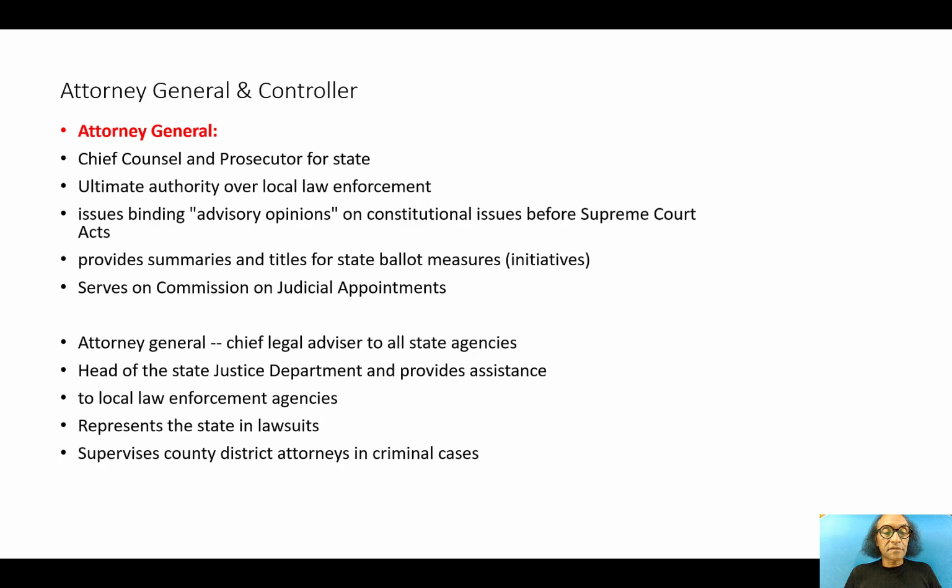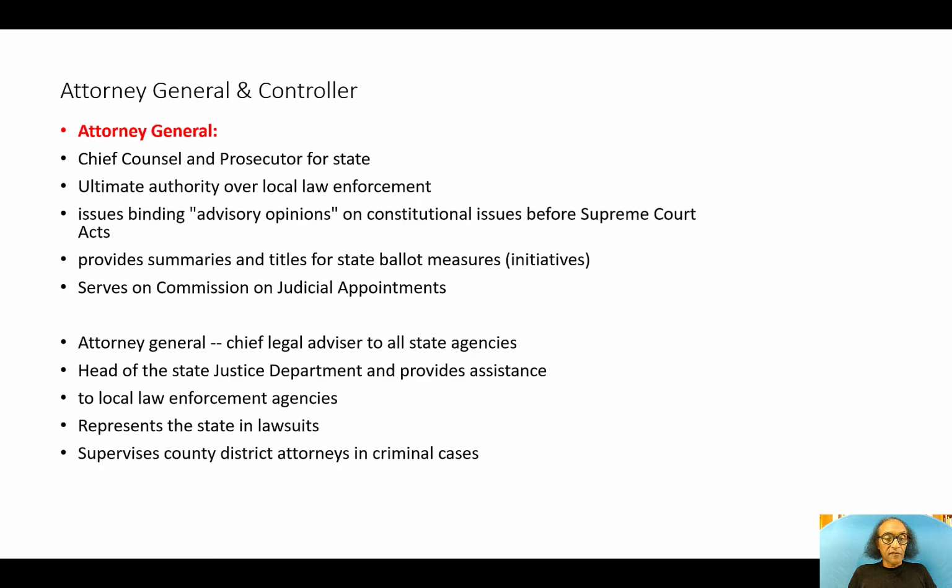They're not binding, but they do provide a certain degree of legal certainty if there is a question of law that is not certain. And until a definitive decision is made on that issue by the state courts or the state Supreme Court, the advisory opinions of the Attorney General are often relied upon as authoritative sources of law.